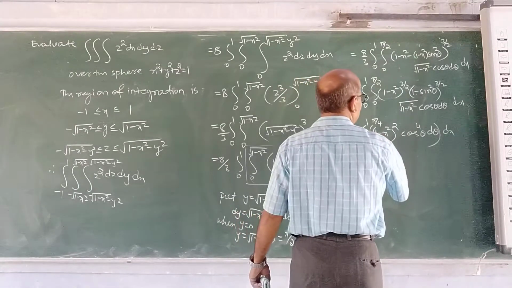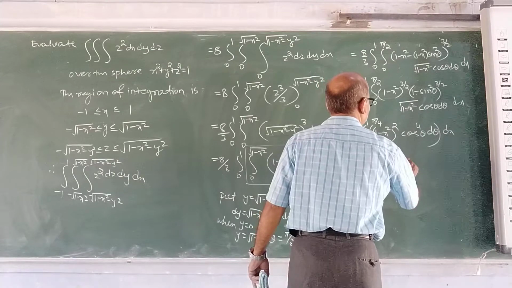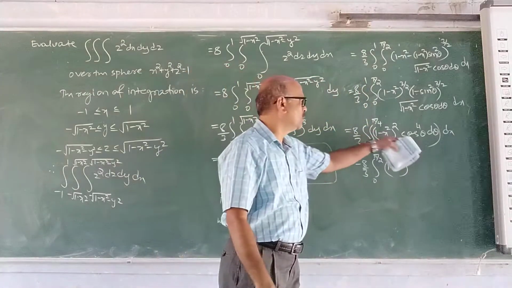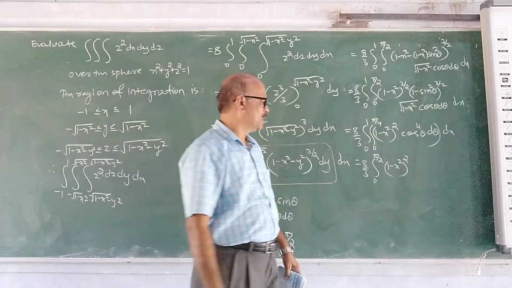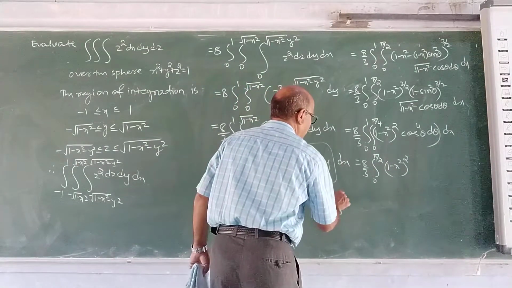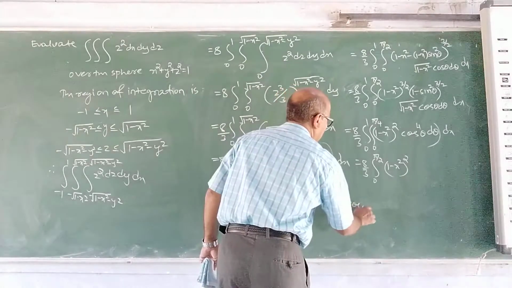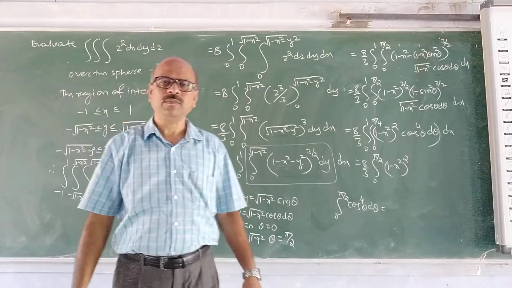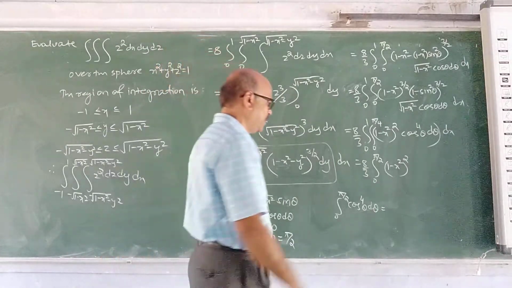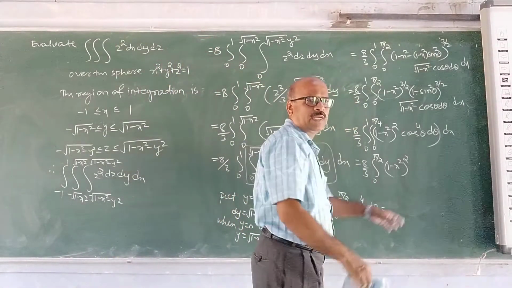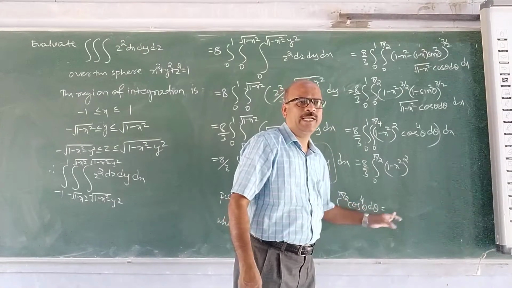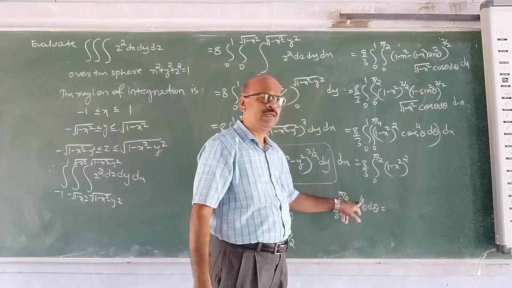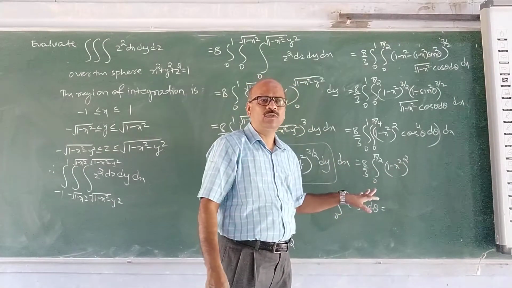How to integrate this? 1 minus x square whole square is constant while integrating with respect to theta. What is the integration of cos theta raised to 4, 0 to pi by 2? Remember the reduction formula. What is the reduction formula? N minus 1 by n, n minus 3 by n minus 2, and so on. The first factor starts from n minus 1 by n, and if n is even, it is multiplied by pi by 2.